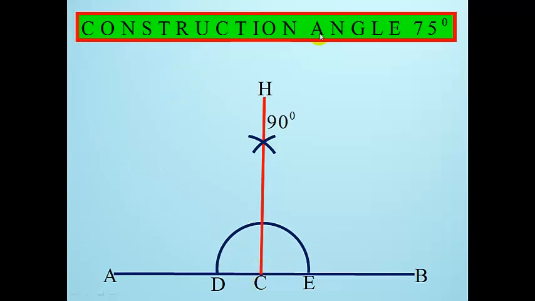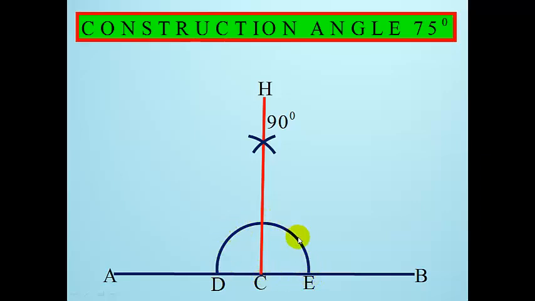Now construction of an angle of 75 degrees. Now we know how to construct the 90 degrees angle. How do we construct the 75 degrees angle? Now take note that before we drew a line from C passing through the point of intersection, we first described the arc as shown.